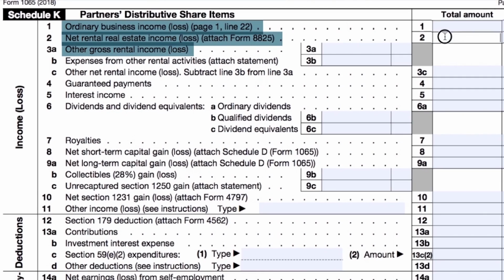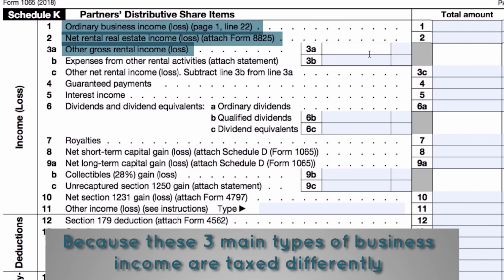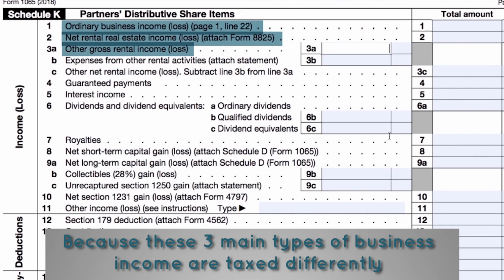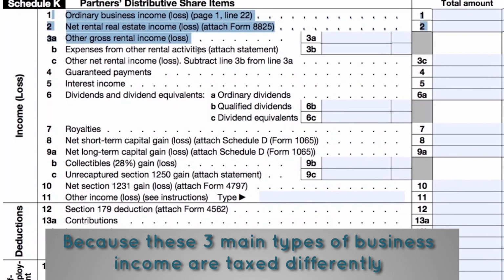If you have amounts in more than one of box 1, 2, or 3, then you should have additional statements attached to your partnership tax return that explain how any activity listed below is related to these different activities. Essentially, it would have made more sense for them to just require a separate Schedule K to be used for each activity, box 1, 2, and 3. These are the 3 main activities for partnership net income or loss.